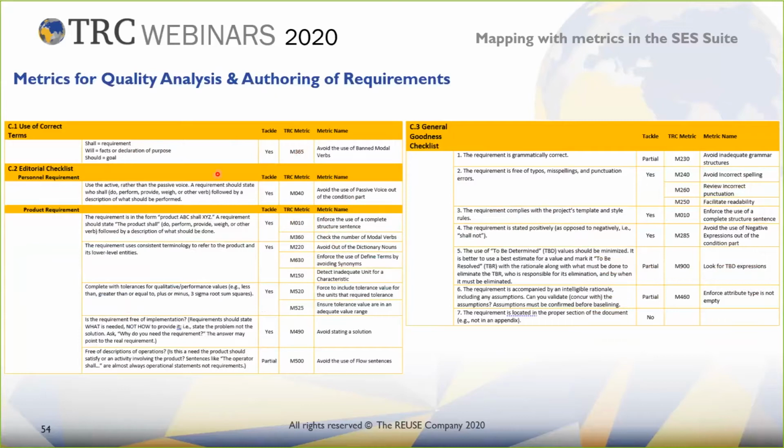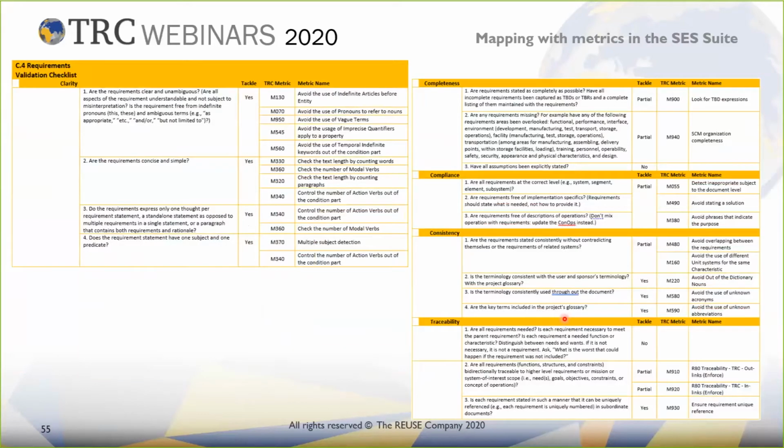In some cases, with one metric, we tackle the characteristic, but in some cases, we add more than one to cover these characteristics. Or in some cases, we just say that we cover partially. It's not a full cover, but it gives you help to establish the characteristics. In other cases, we say that we are not able to help you with these characteristics. So we have a full map.